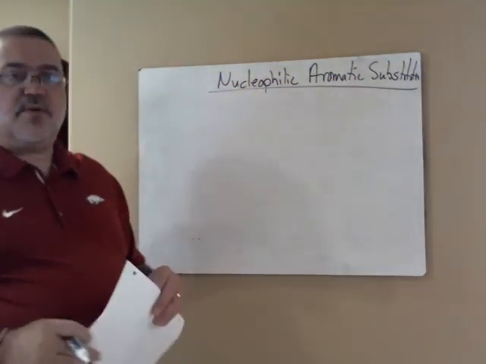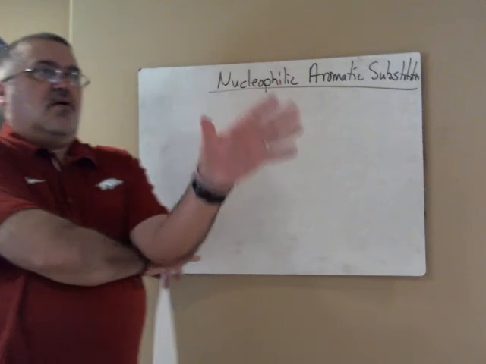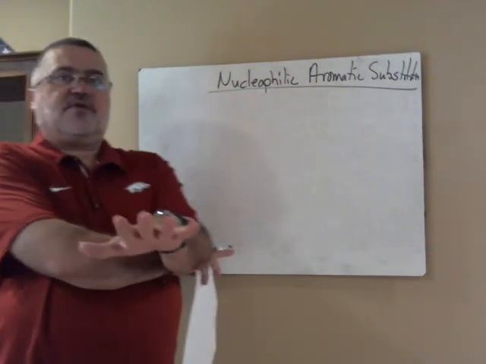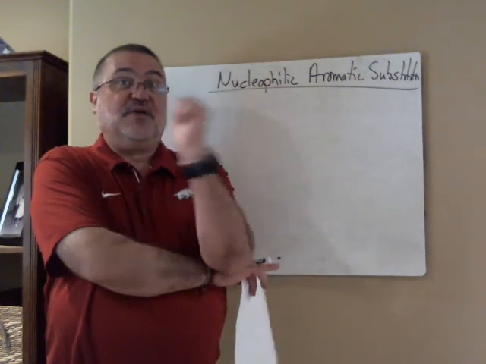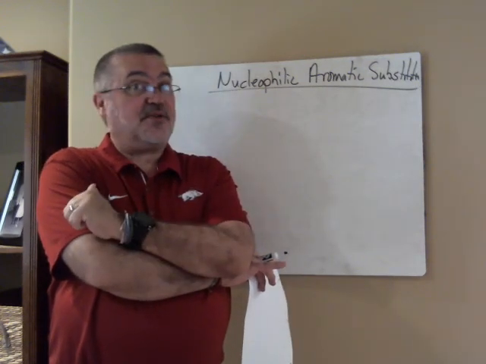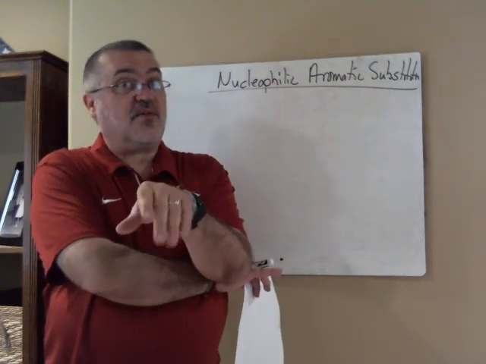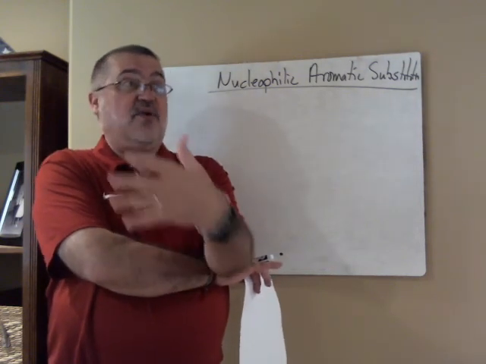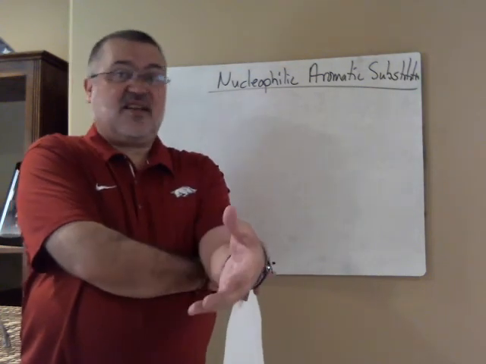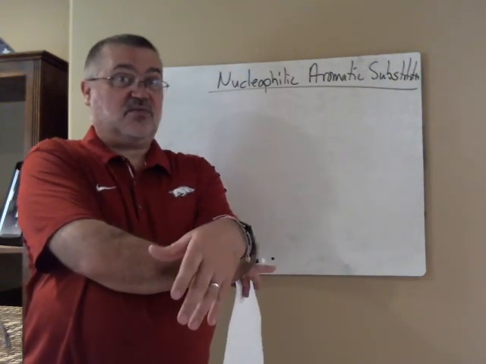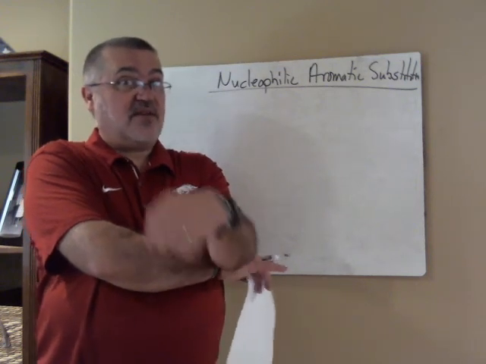Now this one is going to be a little different, as you can see from the name. With electrophilic aromatic substitution, we were substituting an electrophile into the ring. With nucleophilic aromatic substitution, we're going to be substituting a nucleophile into the ring. So what does that mean about the reactivity of the ring? We're now expecting it to not be the nucleophile. We're expecting it to be the electrophile. So that changes a lot.